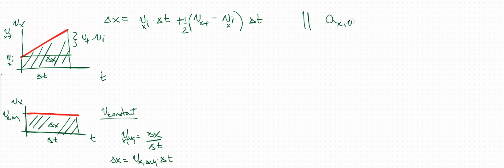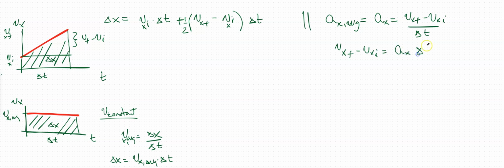Now remember that by definition, the average acceleration, which in this case is equal to the instantaneous acceleration, is velocity final minus velocity initial over time. Well, that means from this equation, velocity final minus velocity initial is acceleration times time.